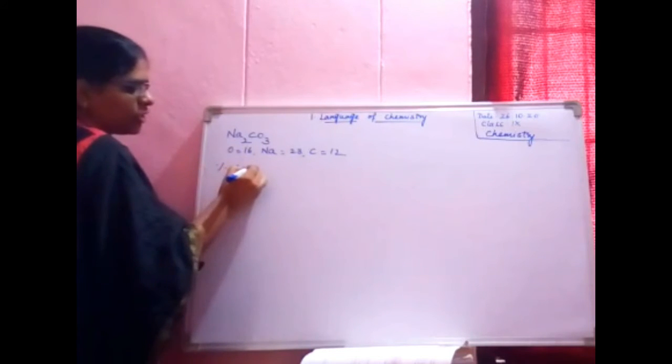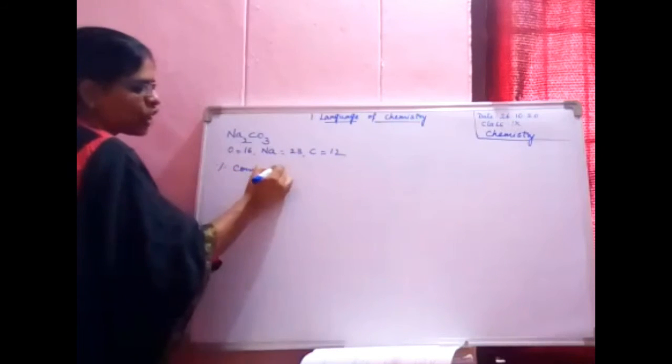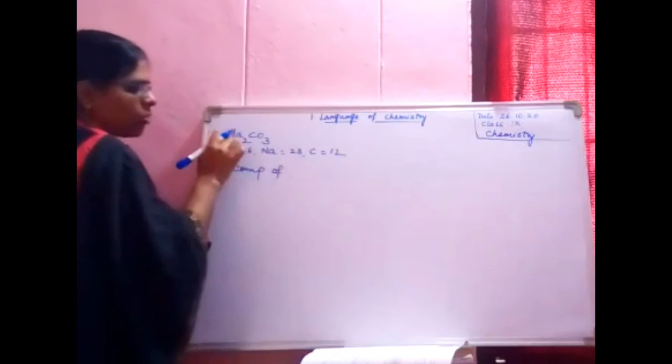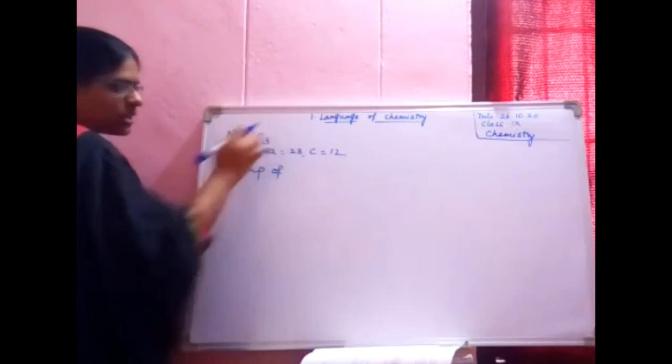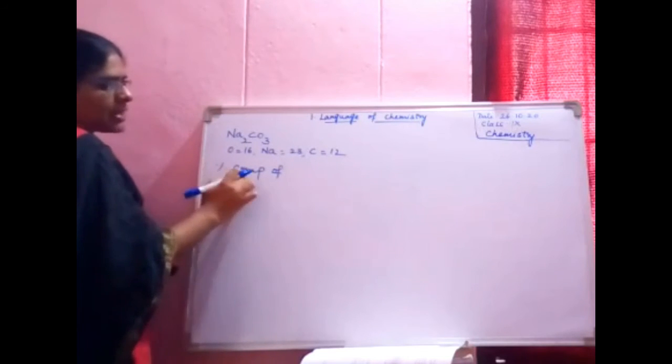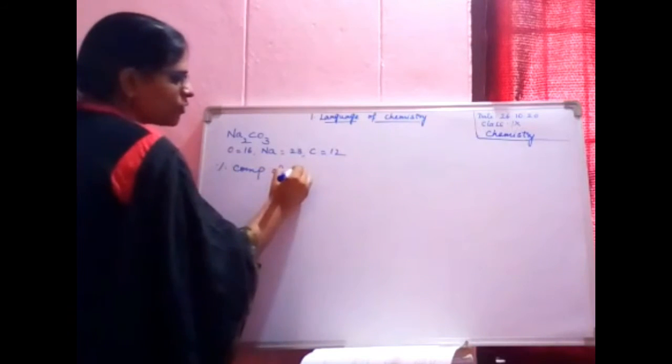Percentage composition, you need to do like this. What are the elements there in this? Sodium, carbon, oxygen. First let us find out the percentage composition of sodium.